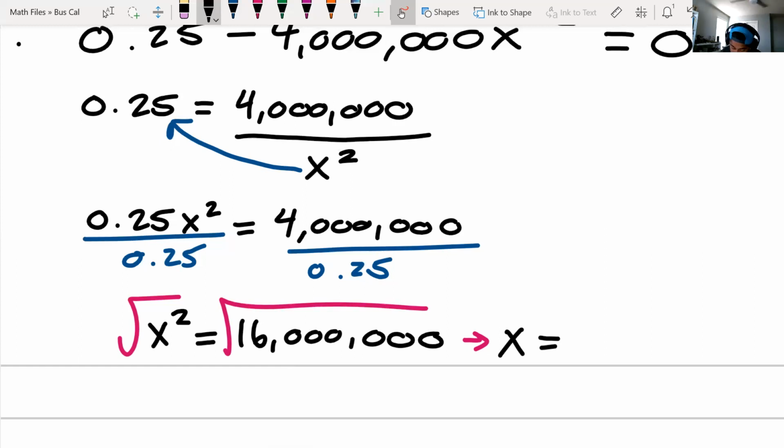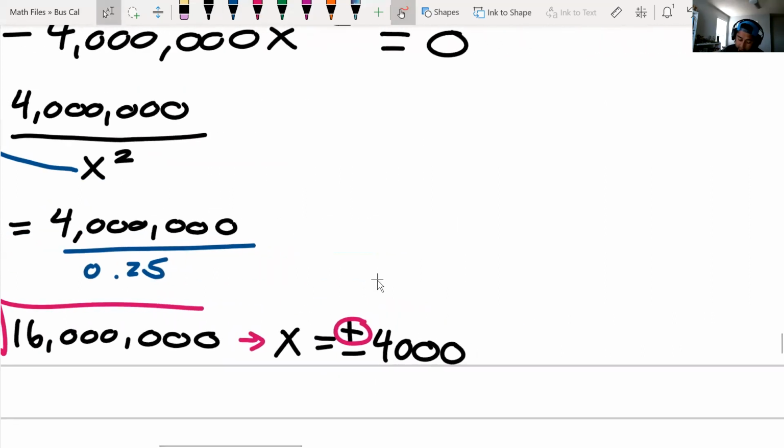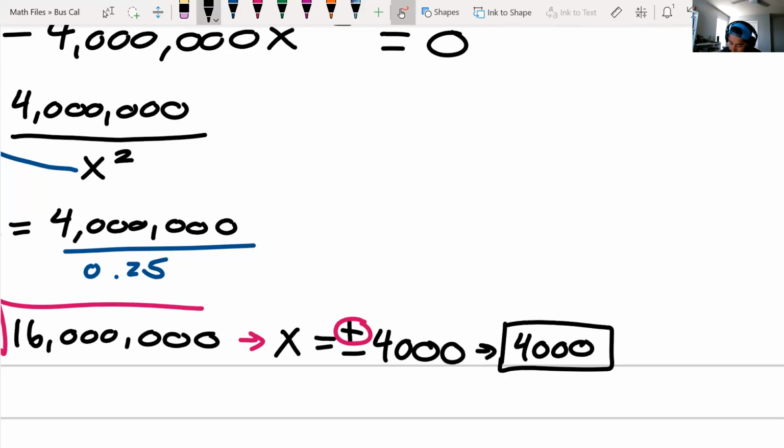Yes, 4,000. So we get plus or minus 4,000, but remember, we're talking about products here. We're talking about items. So we only keep the positive amount. So this means that we get 4,000 Blu-rays.